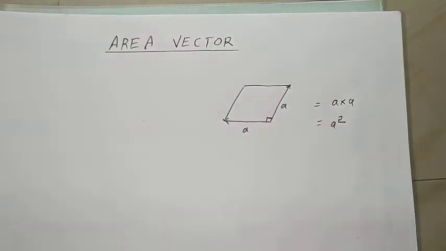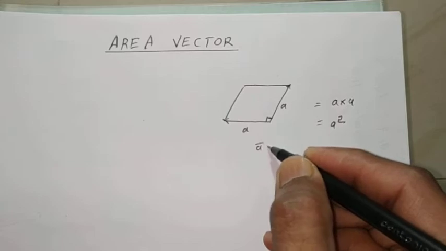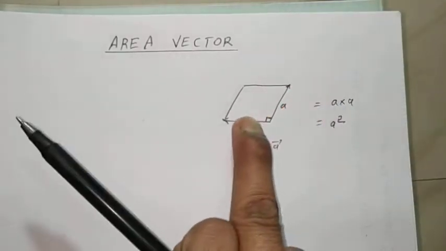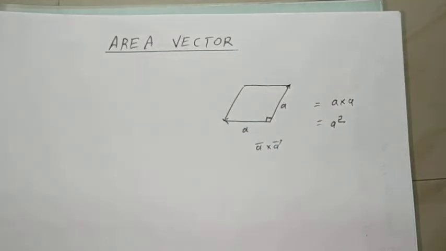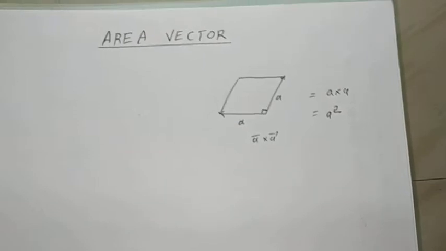This angle is 90 degrees, so their cross product, vector a into a, will also be a vector quantity, and it will be directed perpendicular to the surface.